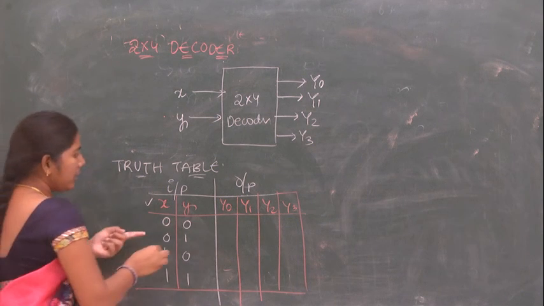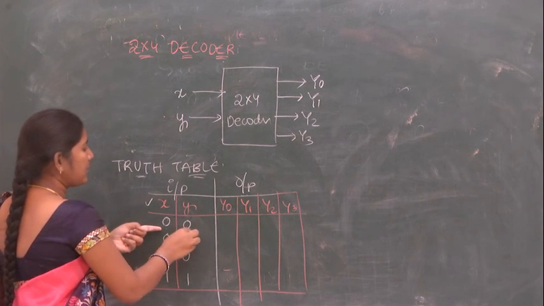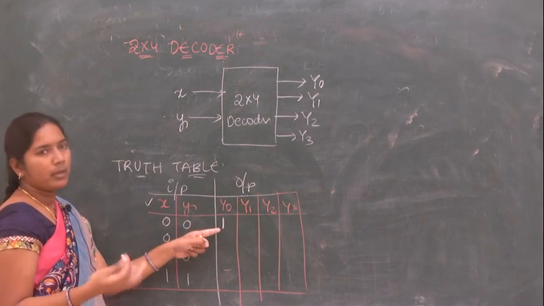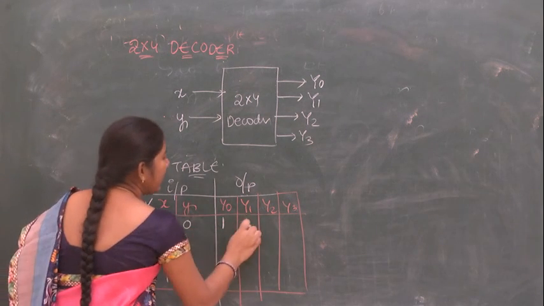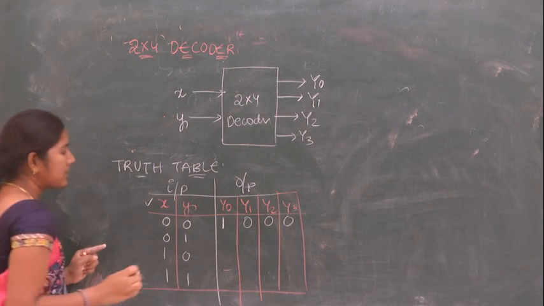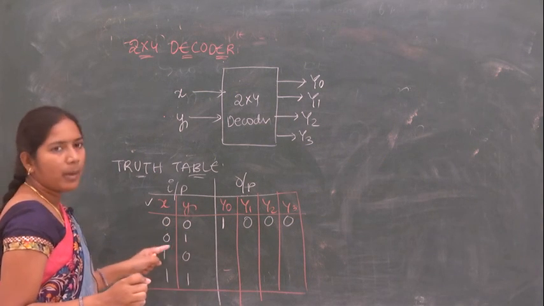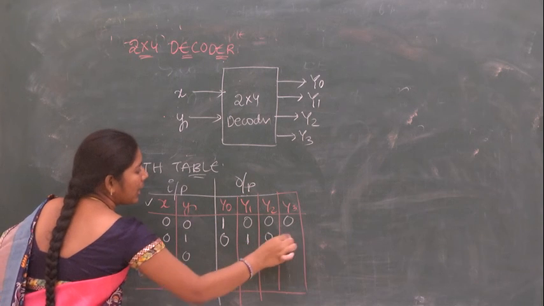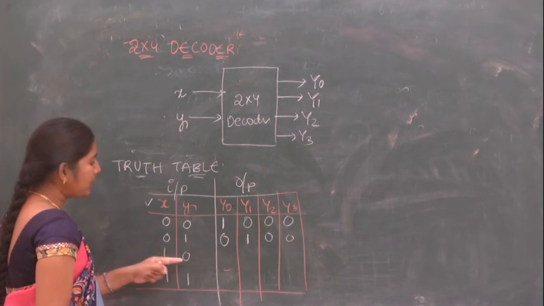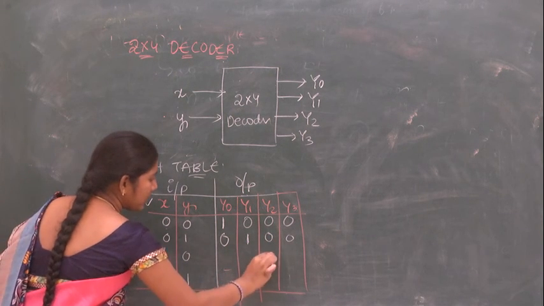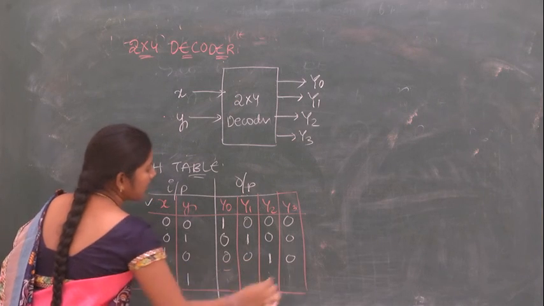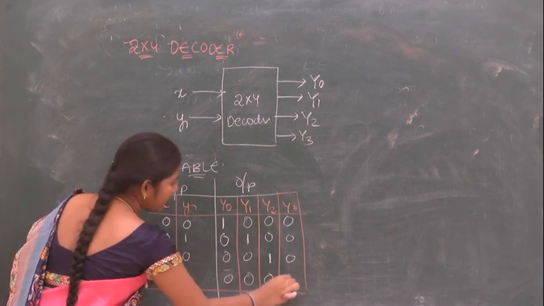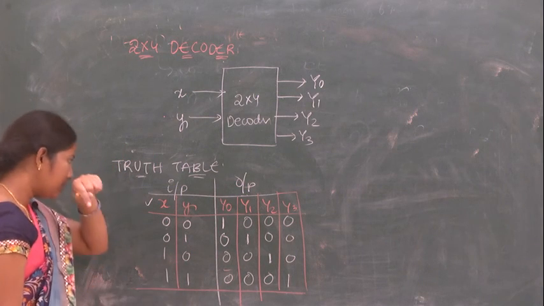When inputs are 0 0, y0 will be high and the remaining are all zeros. If input is 0 1, then y1 will be high, the remaining are zeros. If input is 1 0, then y2 is high, the remaining are zeros. If the input is 1 1, then y3 is high, the remaining are zeros.